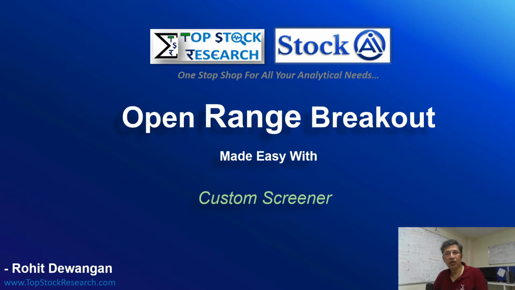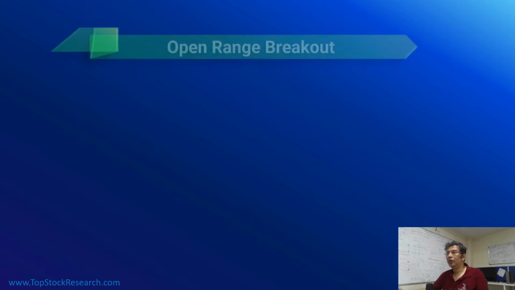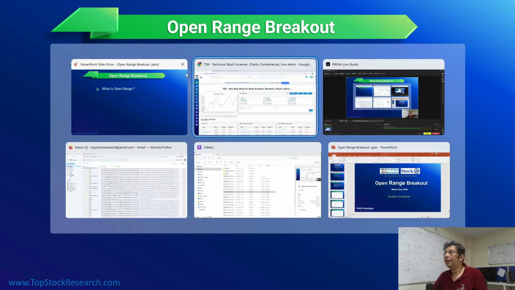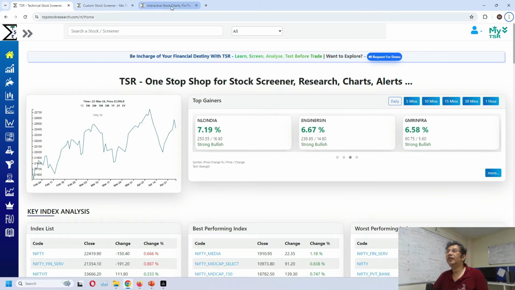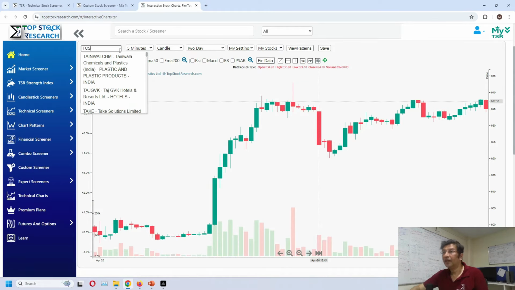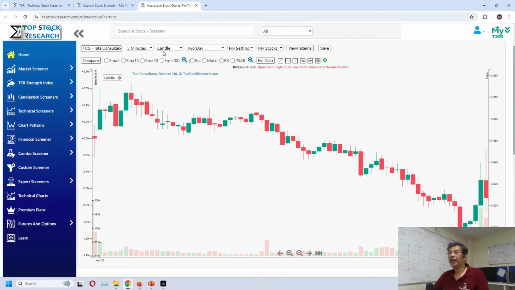Okay, so coming back to the focus, which is Open Range Breakout. So basically, what is Open Range? Open Range is the first range of any particular candle. For example, if we just take a stock of our choice, let's say TCS, and we take a 5 minutes chart, the open range would be this range, which is for 15 minutes.